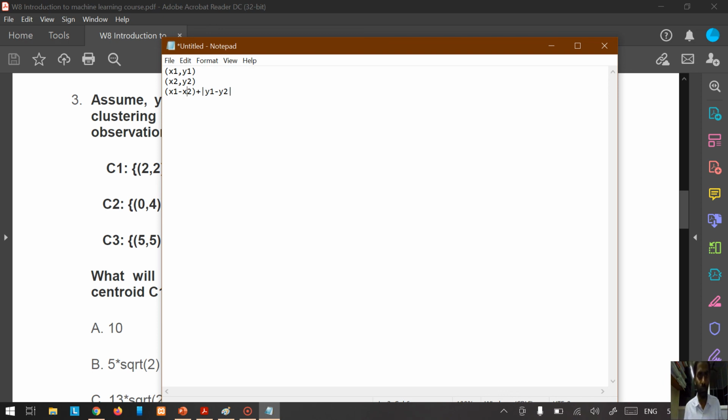So this is the formula we use to calculate the Manhattan distance.